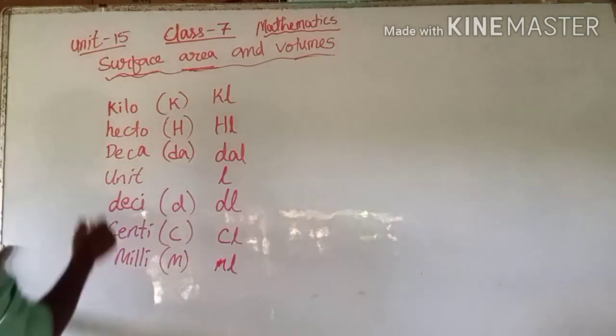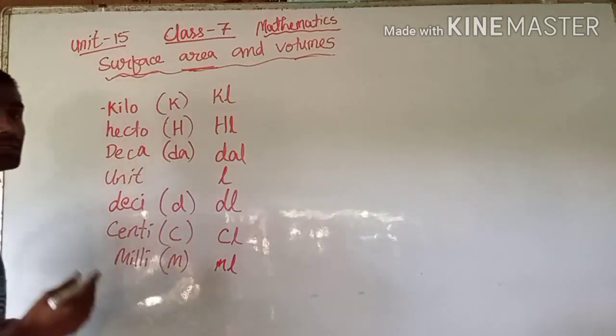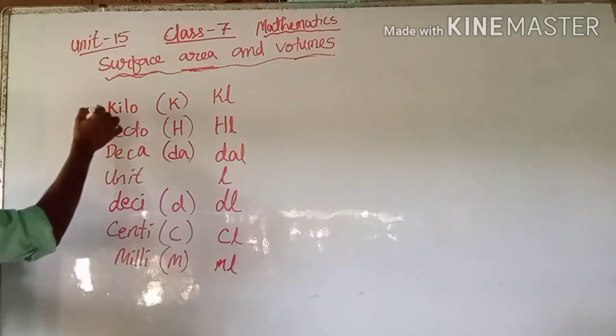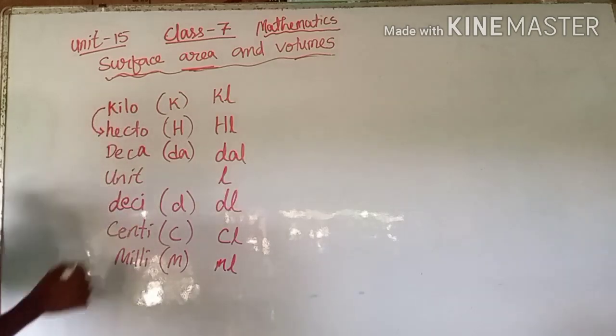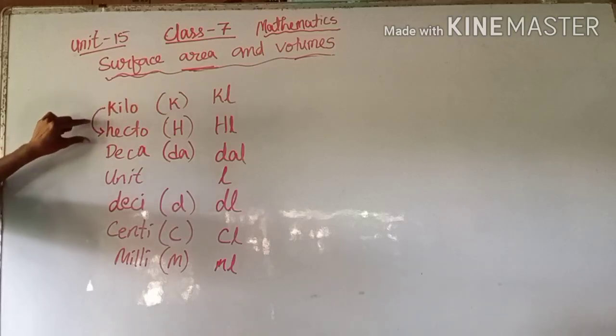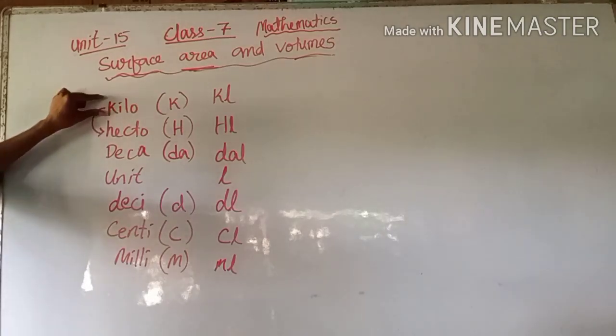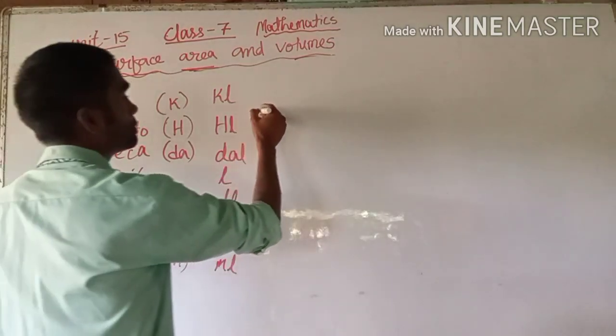Now when we are converting their units, if we are converting from a greater unit to a smaller unit, that means if we are converting kiloliter into hectoliter, then we will have to multiply by 10.